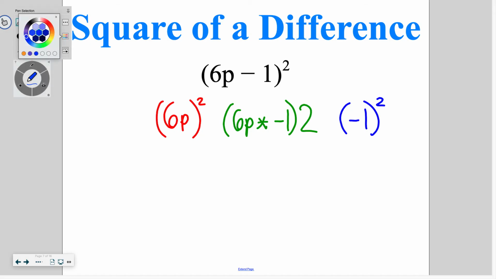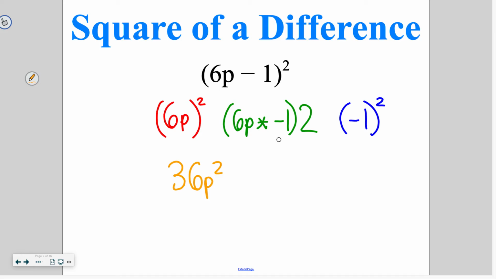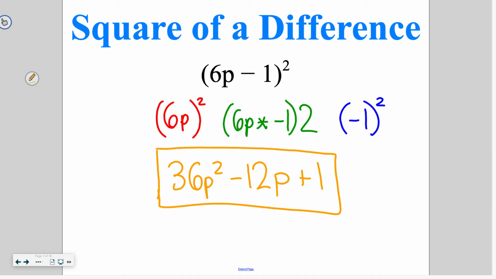So as we finish out our answer, 6p squared is 36p squared. 6 times negative 1 gives me negative 6p, times 2 is subtracting 12p. Negative 1 squared gives me a positive 1. So we end up with 36p squared minus 12p plus 1.